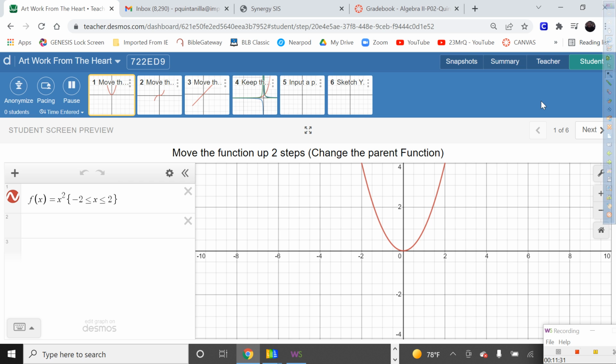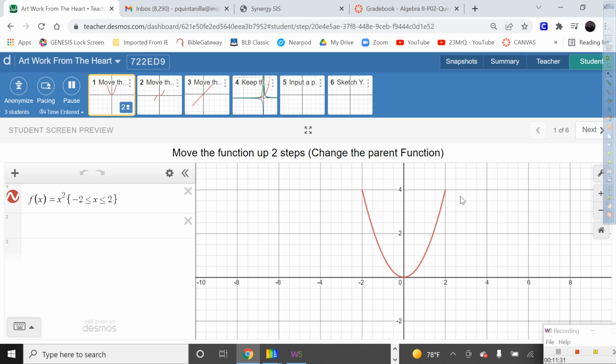And you should end up in a page where you have a parabola. Again, code 722ED9, and you need to go to student.desmos.com.